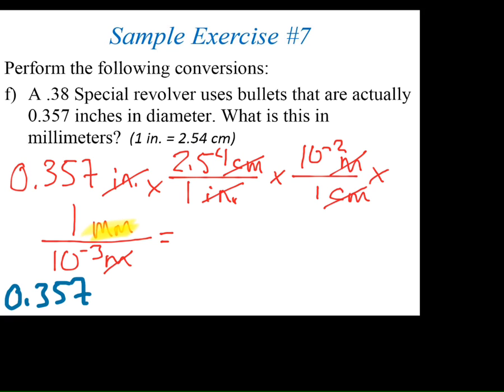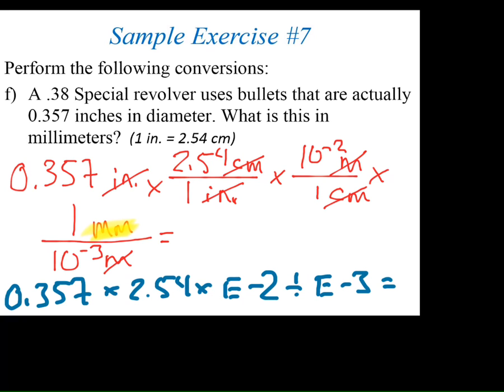So you ought to be entering this something like 0.357 times 2.54 times exponent key -2 divided by exponent key -3. Something like that you should be entering. So try that out in your calculator. Let's see what you get.